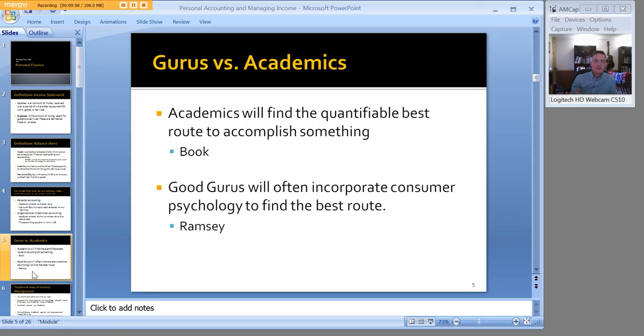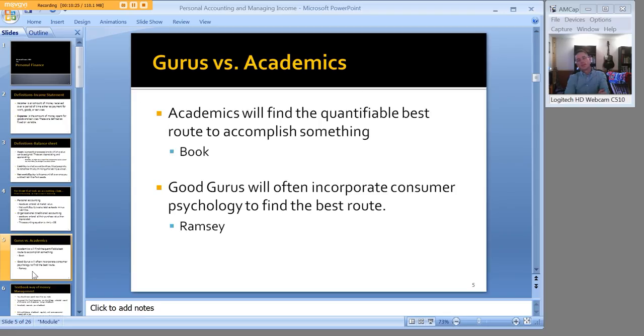In those environments, academics will try to find the quantifiable best way of doing something, and they may teach multiple ways of accomplishing it. Academics will also often present two sides to a story. And in here, I'll try to do that on occasion, but a lot of times I'm going to be talking as more of a guru, such as a Suze Orman or a Dave Ramsey.